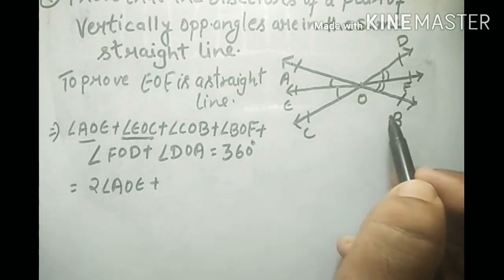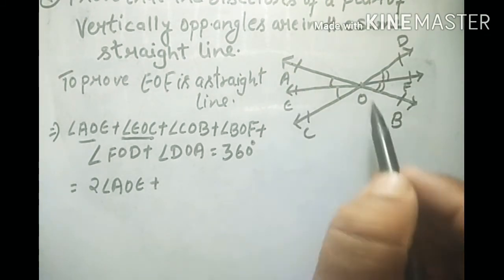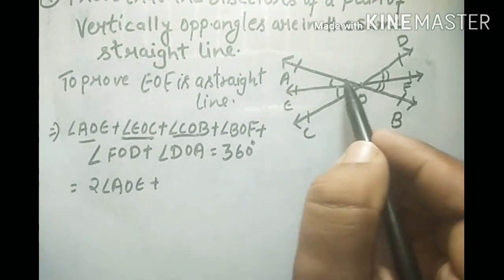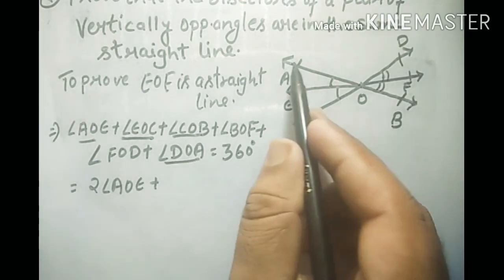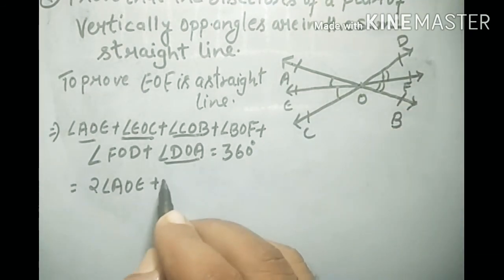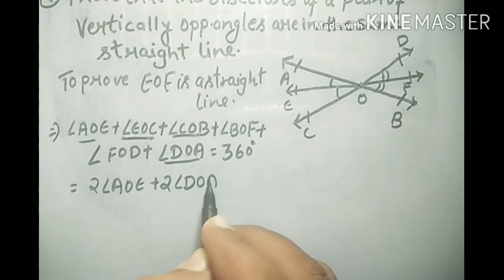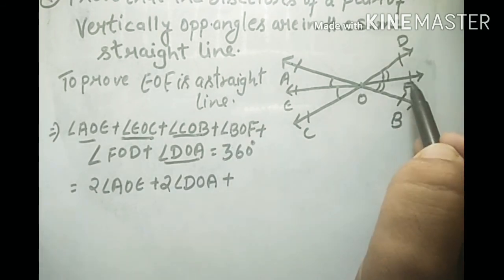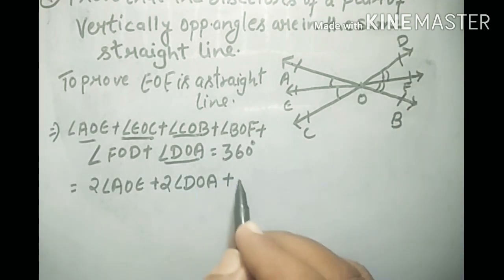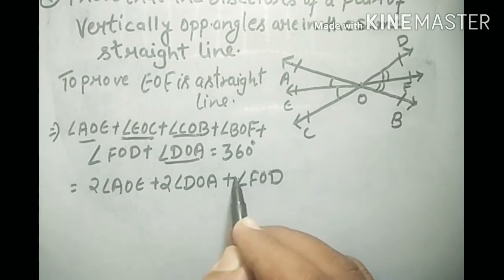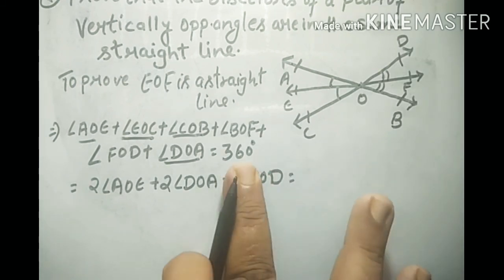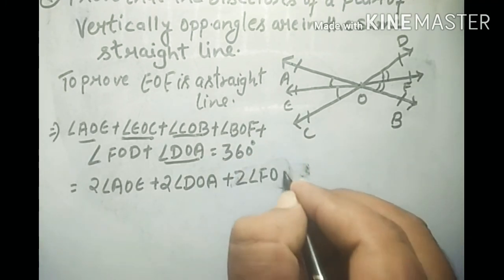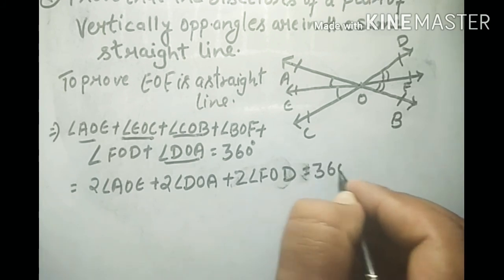Similarly, angle COB is equal to angle DOA, so we can also write 2 times angle DOA. Similarly, we can write 2 times angle FOD, is equal to 360 degrees.